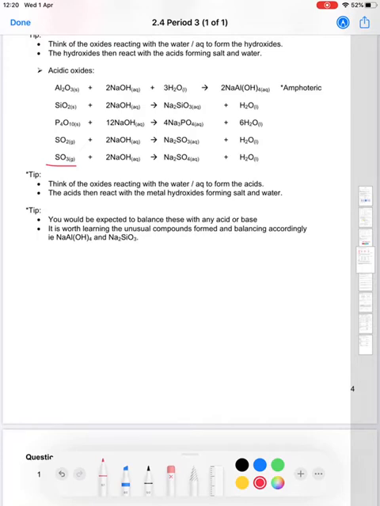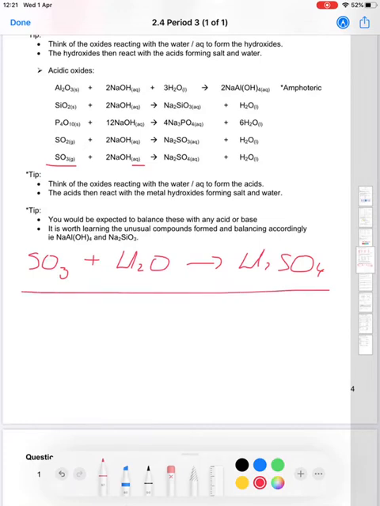Now, if you remember in the previous section, we said that SO3 first of all reacts with water to form H2SO4, and that's the way to think about it, that the SO3 is firstly reacting with the water that the sodium hydroxide is dissolved into, and then once the sulfuric acid has been formed, the sulfuric acid then reacts with the sodium hydroxide to form sodium sulfate.